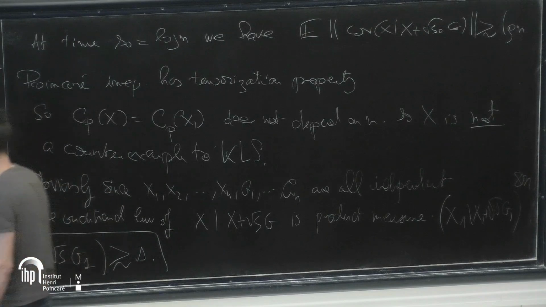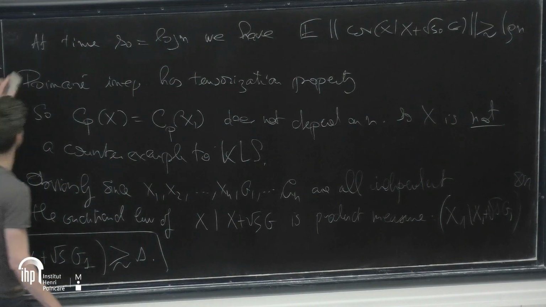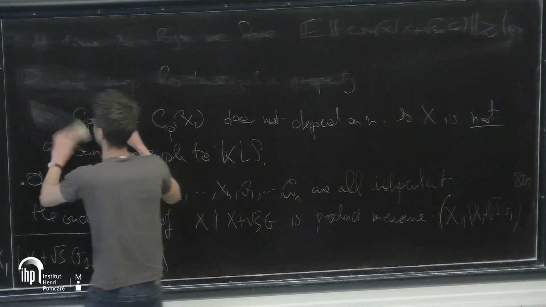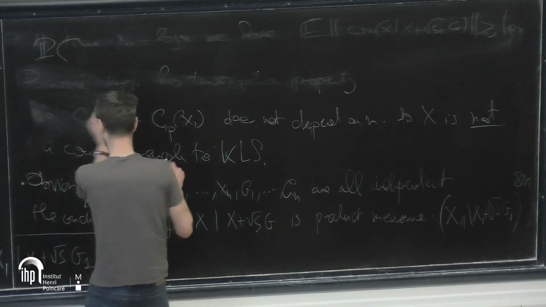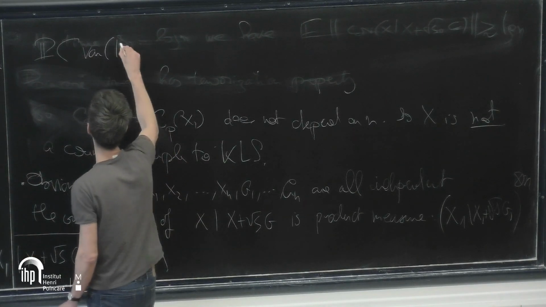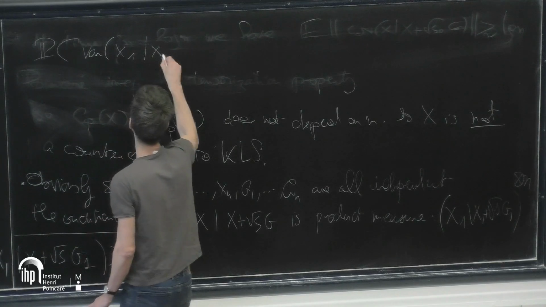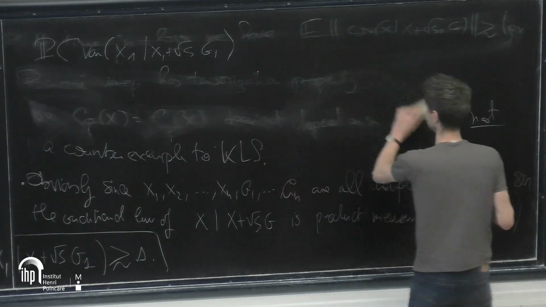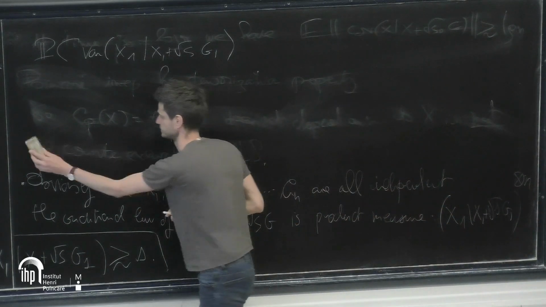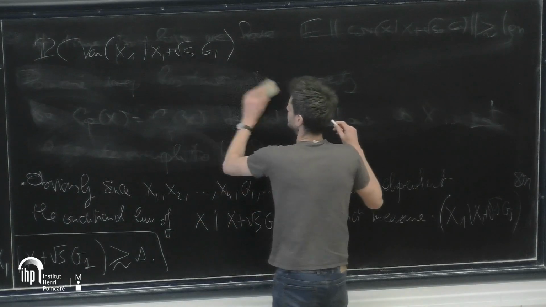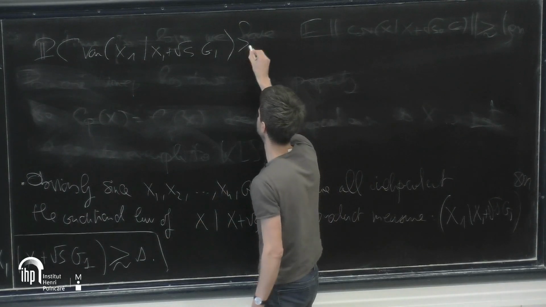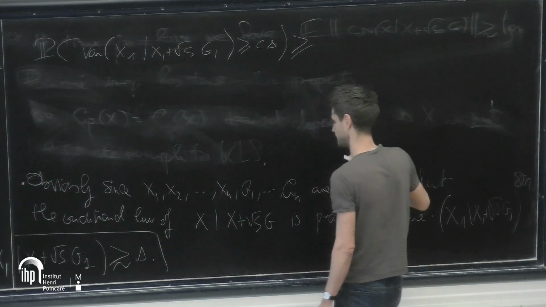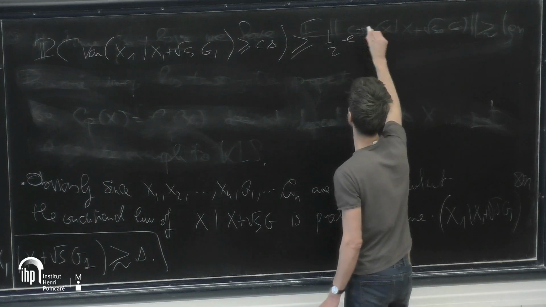So the probability that the variance of x1 conditioned on x1 plus square root s g1 is bigger than some constant times s is larger than half e minus s.